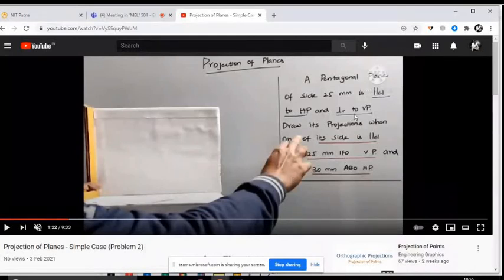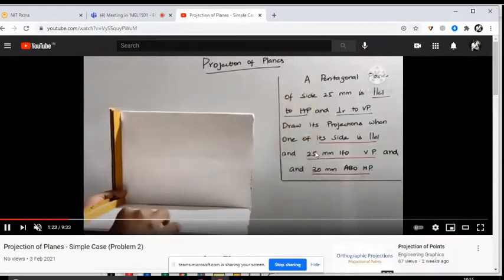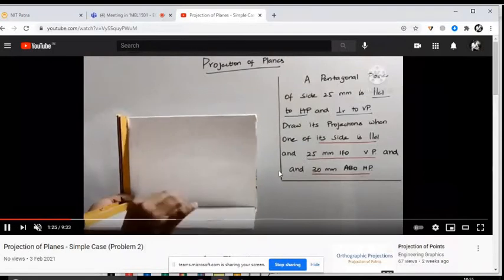So we position the orientation of the plane. Like the orientation we fix. Next, its projection where one of its sides is parallel to VP. It has 5 sides, right? So in that, one of its sides should be parallel.